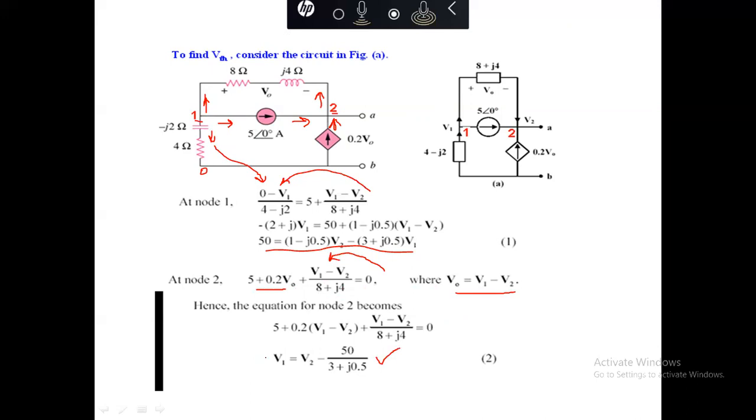So we substitute the value of V out in this equation and simplify it to find the value of V1. Then we take the value of V1 in this equation to substitute here.